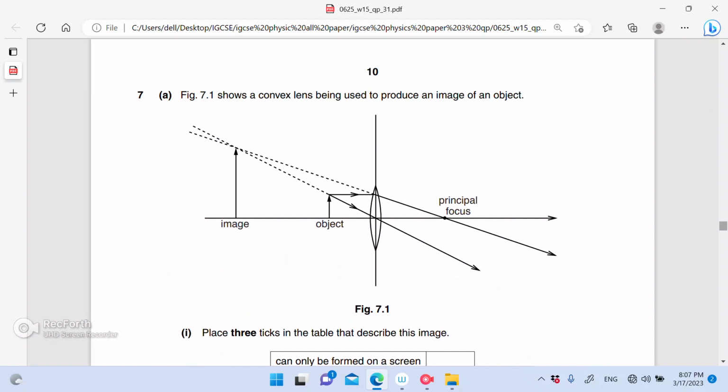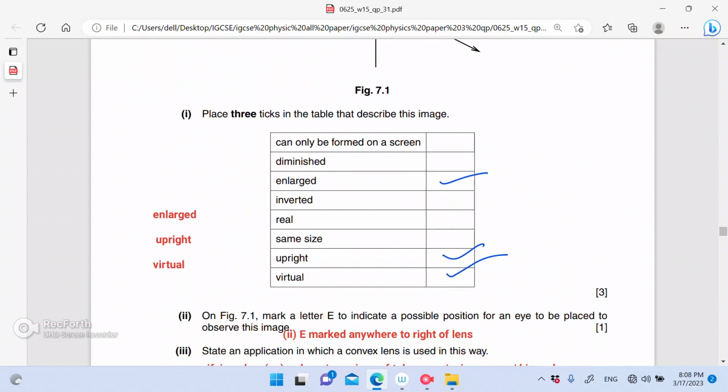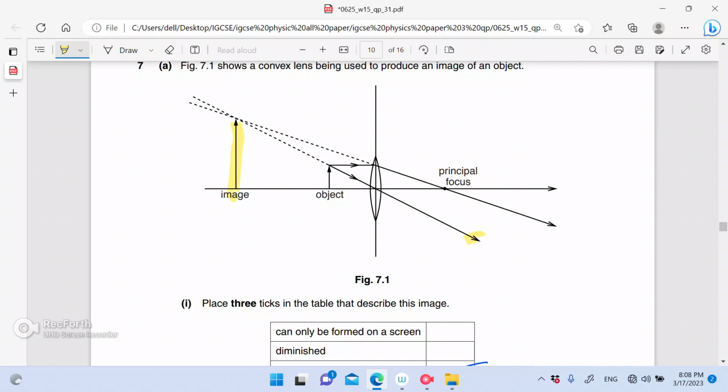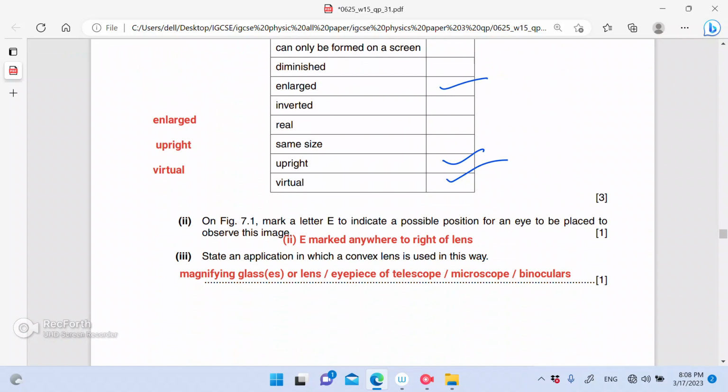So how do you know? If you have learned those 7 diagrams, this is very easy for you, because the first is the image is forming on the same side of the object, and here it is not meeting, and it is meeting on the same side of the object, and you can see the object is near the lens, closer to the lens, so obviously it is a magnifying glass.